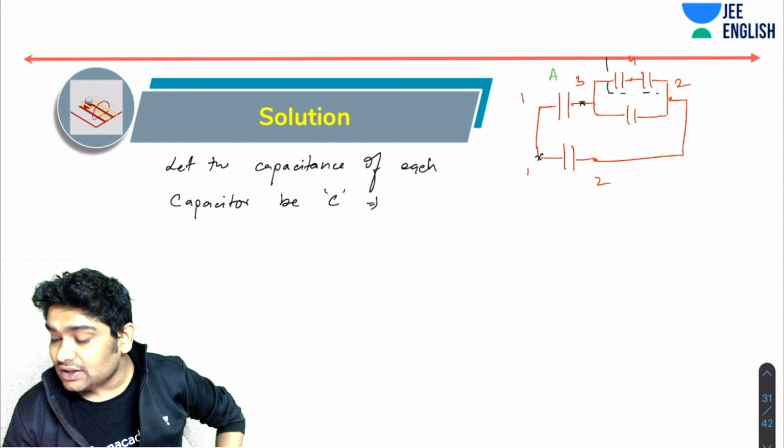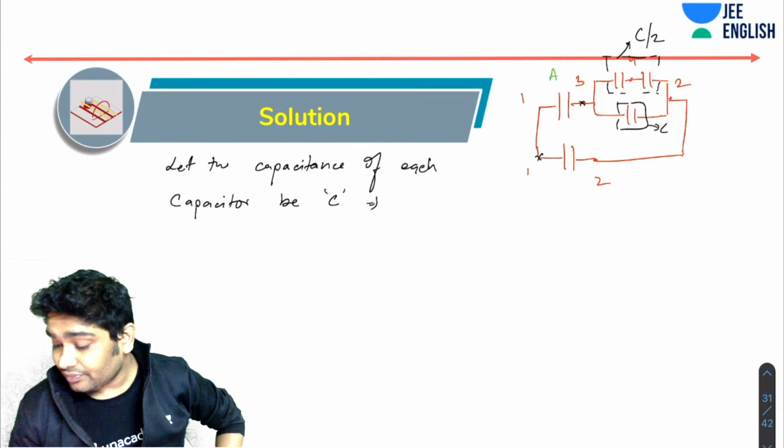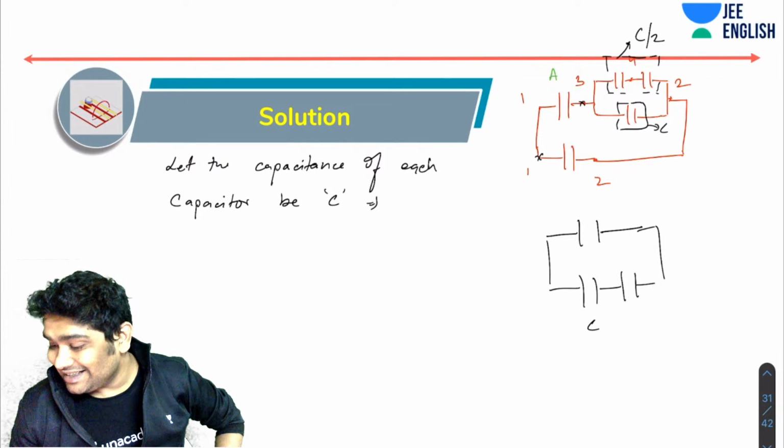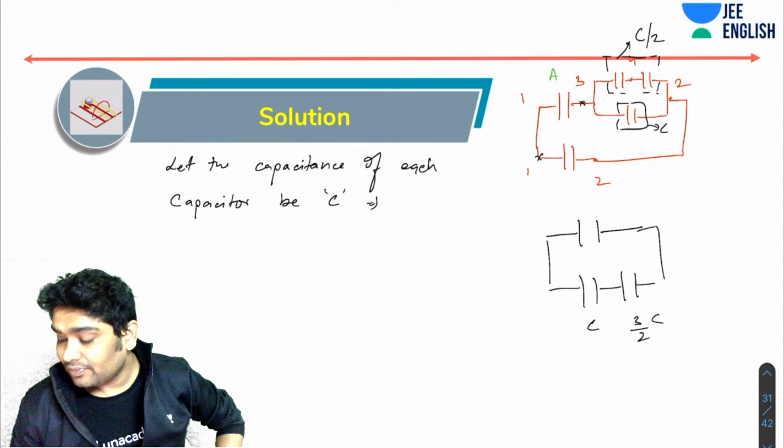So this is C and C in series, that will make C by 2, and C by 2 and C in parallel. So what I will have is A, and with A I will have one capacitor here and one capacitor here, like this. So this is C and this is 3C by 2. Correct.